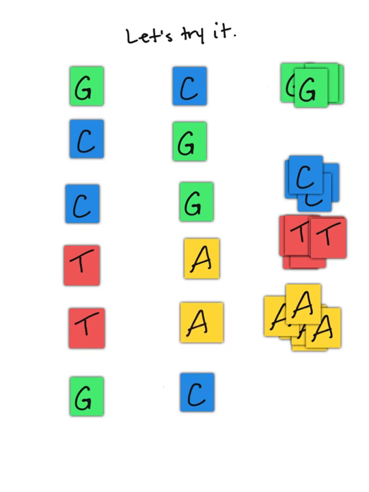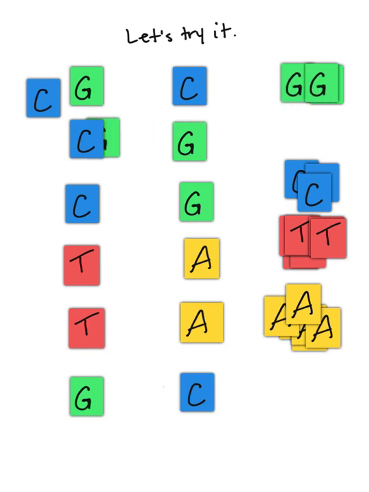Okay, that means that there's more space. And so what's going to happen is you're going to get a C over here, and you're going to get a G, and a G. I'm going to try to make these right.